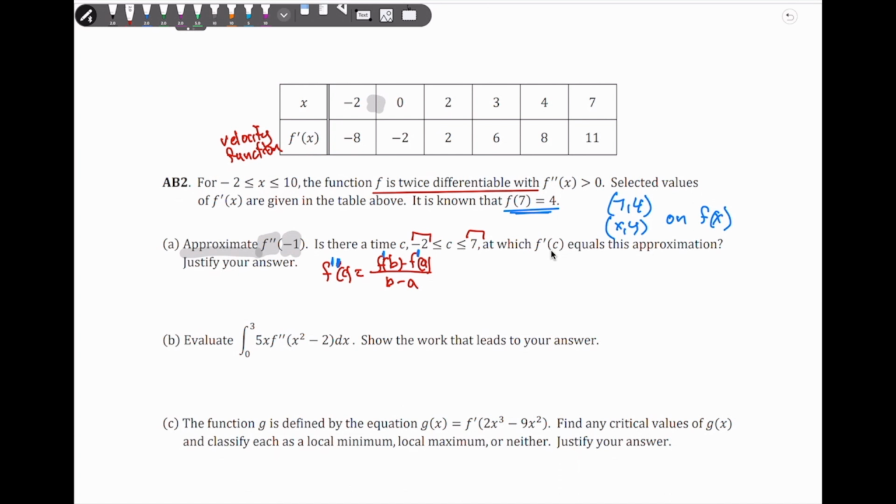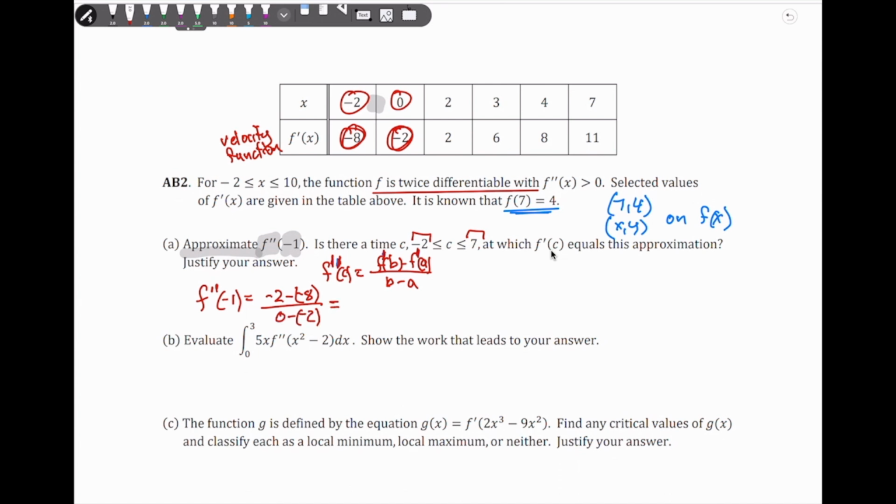So in a sense, we have our y2 minus y1 over x2 minus x1, which in this case is the f prime minus the f prime, because we're looking for the f double prime. So we have f double prime of -1 is equal to f prime of b, which is our -2, aka our y2, minus our y1 of -8, over 0 minus -2.